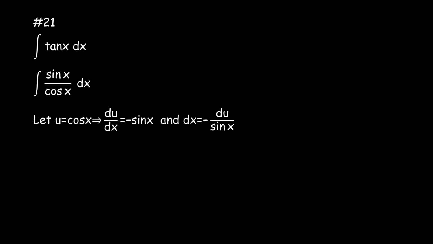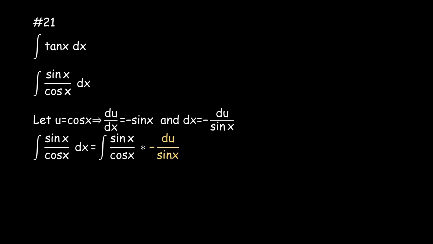Replacing this into our original equation, which has been highlighted below, you would see that this is the integral of sine x over cos x times negative du over sine x. Sine x actually cancels out and we have the integral of negative 1 over u, and our final answer, which is negative natural log of cos x plus c.